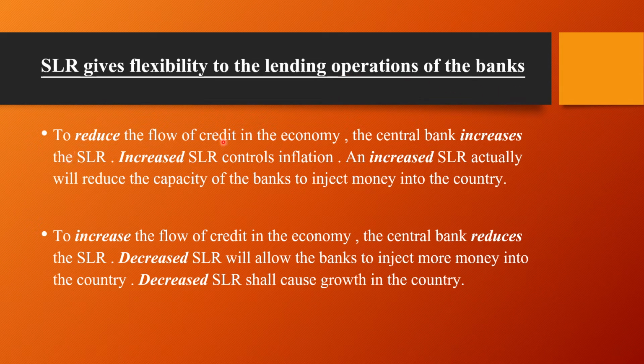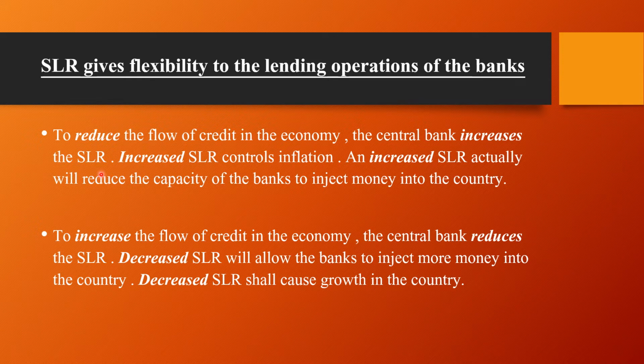To reduce the flow of credit in the economy, the central bank increases the SLR. Listen carefully. Now, the central bank, if it wants to reduce the flow of credit, it does not want the banks to have more loanable funds. So, what will it do? It will increase the SLR.